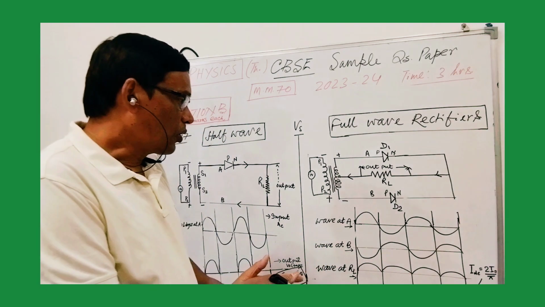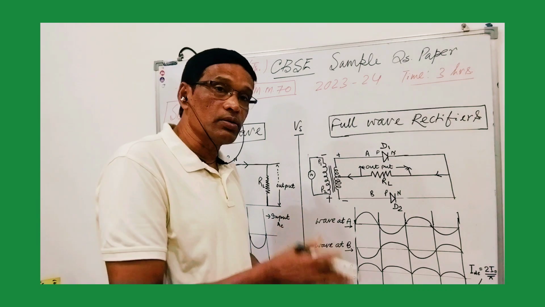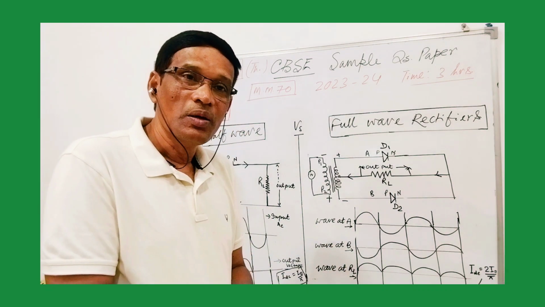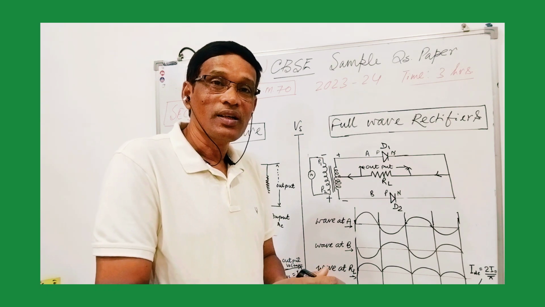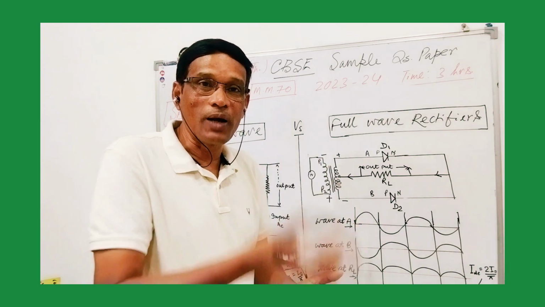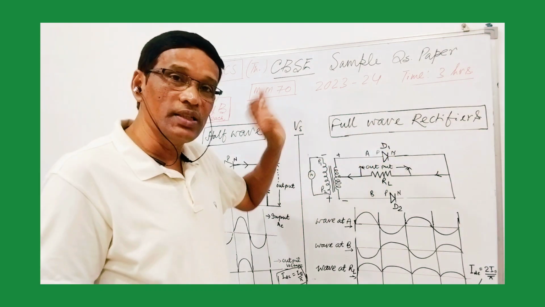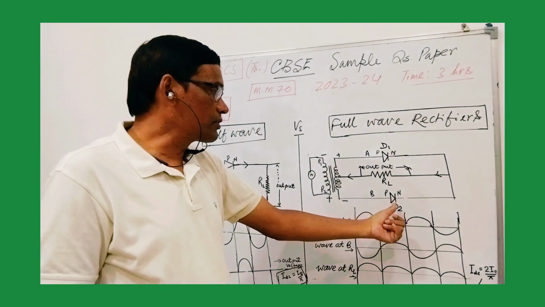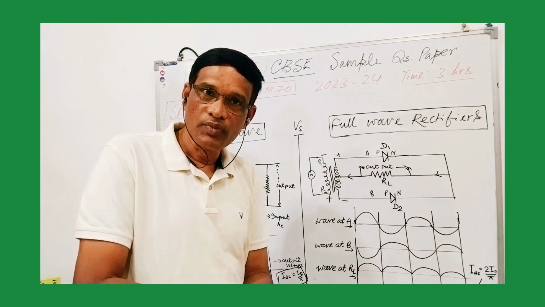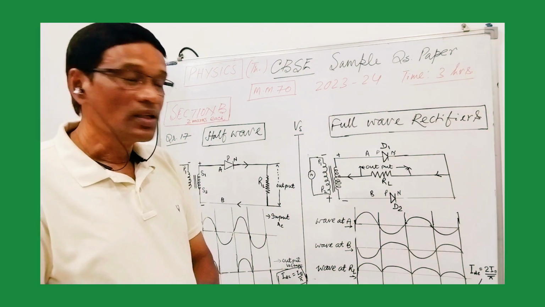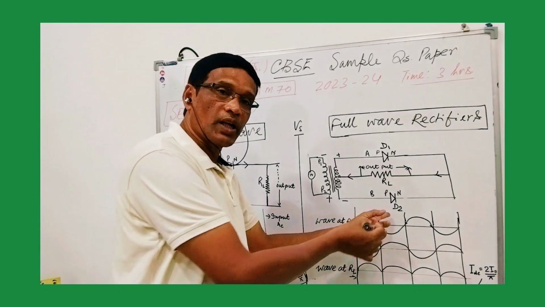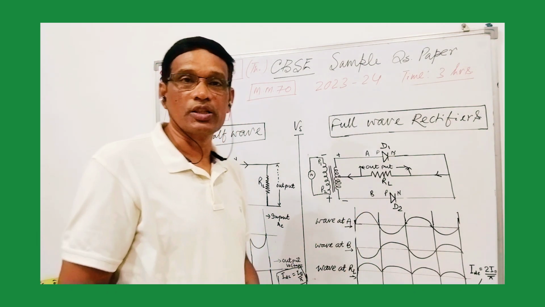So obviously, diodes D1 and D2 will conduct one after the other. When diode D1 is conducting, diode D2 is getting a reverse bias, and when diode D1 is not conducting, diode D2 is getting a forward bias.